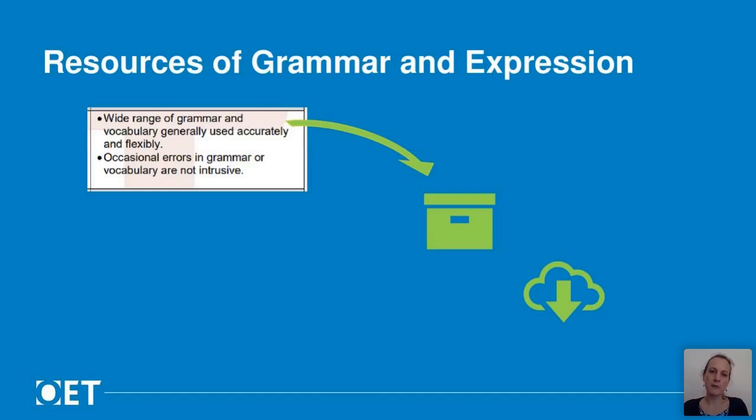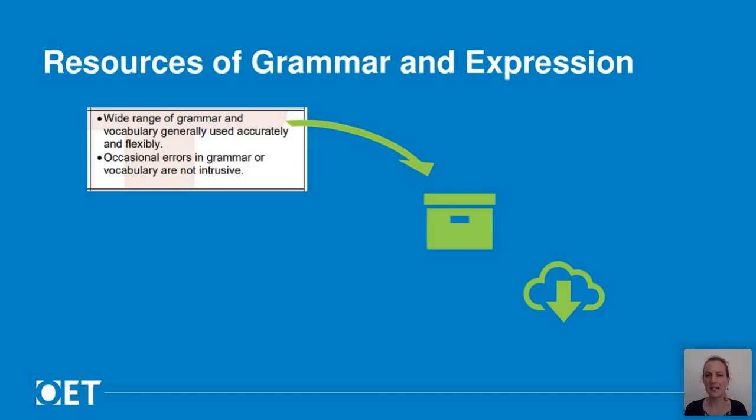And resources of grammar and expression. So in this criteria, you are showing the assessors that you can be flexible with English, that you have the grammar and vocabulary necessary for this situation and to respond to the patient. So this means demonstrating different tenses, conditional forms, phrasal verbs, perhaps occasional colloquial or idiomatic phrases.